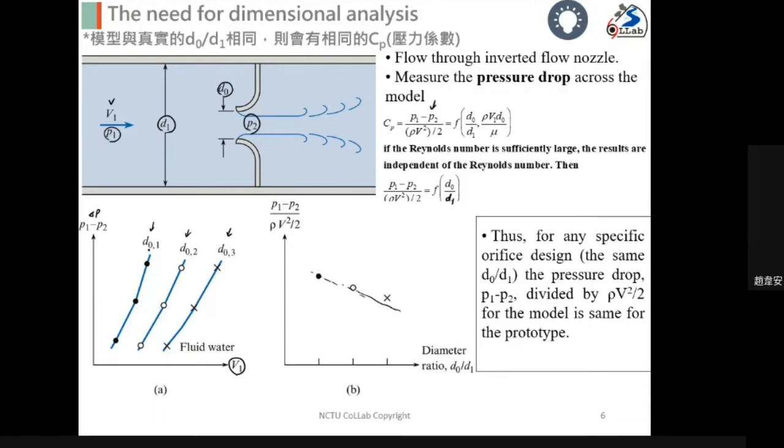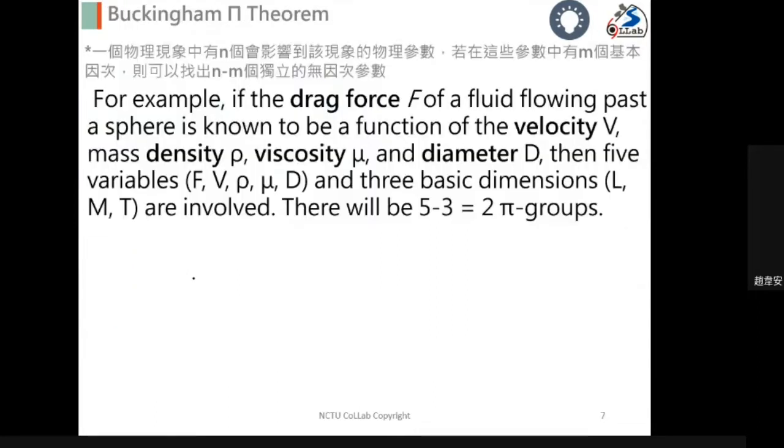In different diameter conditions, we have a different relationship, so it is very difficult to understand the physical behaviors.